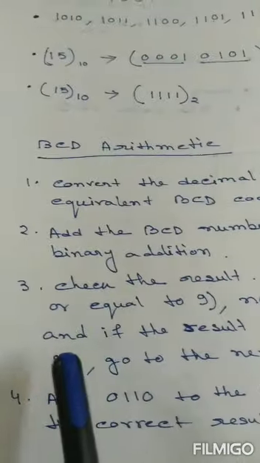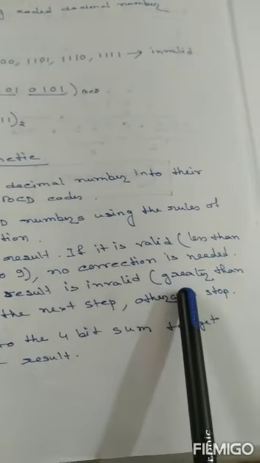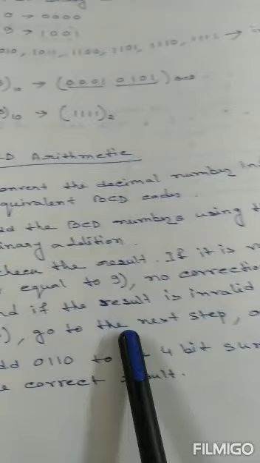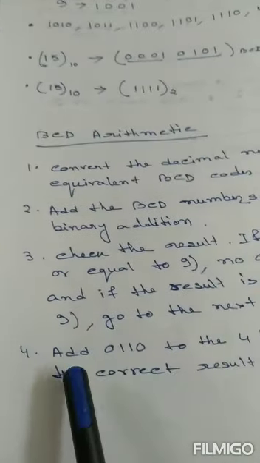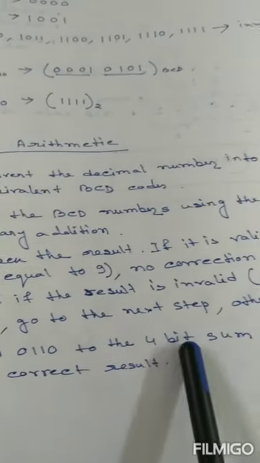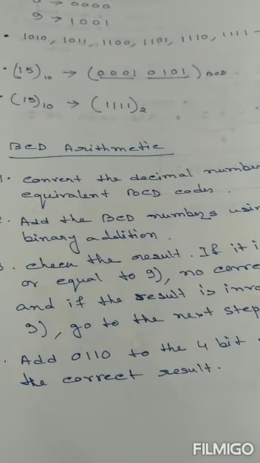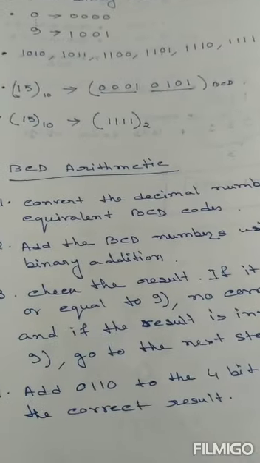And if the result is invalid, that is greater than 9, go to the next step. Otherwise, stop. And what is the next step? Add 0110 to the 4-bit sum to get the correct result. So these are the basic rules for BCD arithmetic.